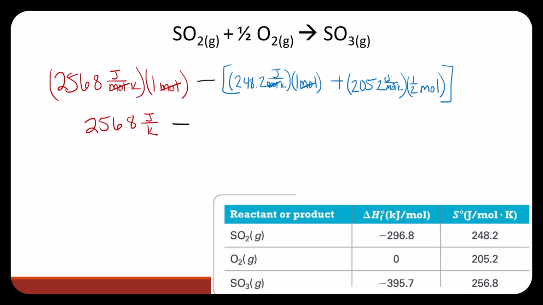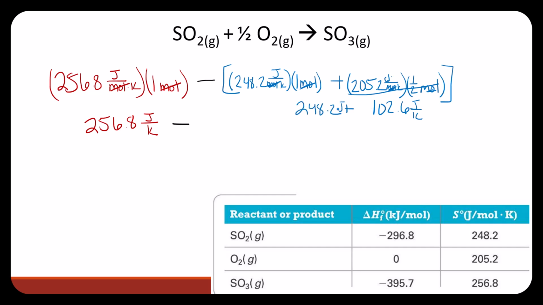To this value over here, so we've got 205.2 times 0.5, or times a half. So this value becomes 102.6. Moles cancel, we're left with joules over Kelvin.